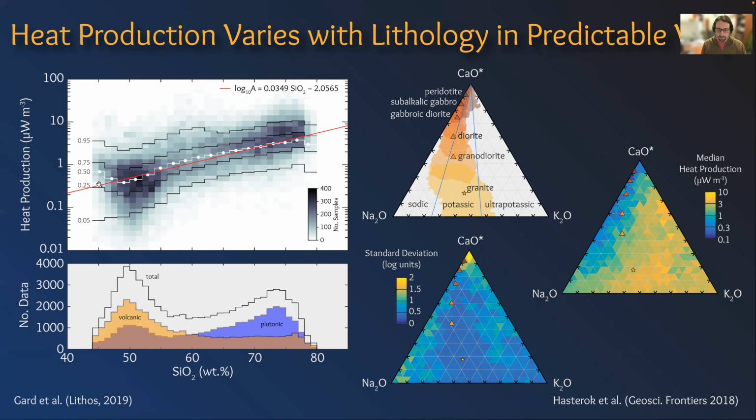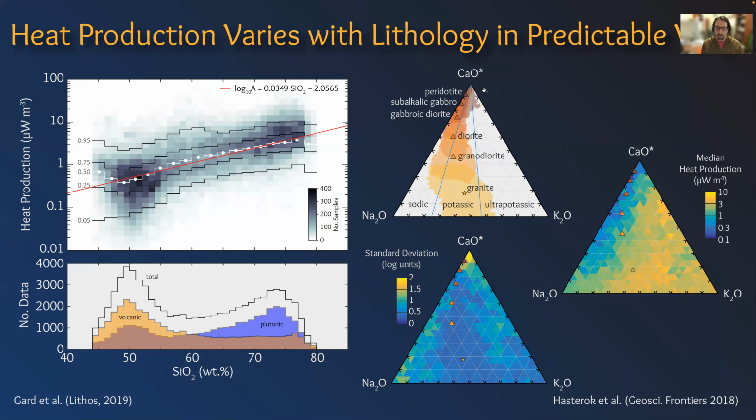So heat production in the linear sense increases exponentially with SiO2. You'll notice that because this is on the log scale, this uncertainty range as a function of SiO2 is relatively narrow. It's about plus or minus 0.1 log units, and it's about the same irrespective of the SiO2 value.